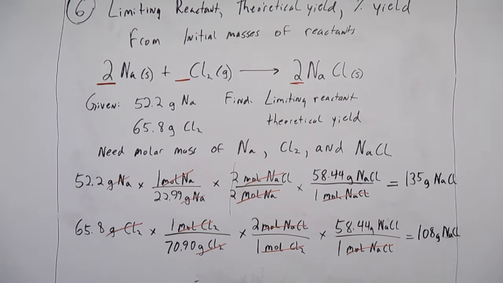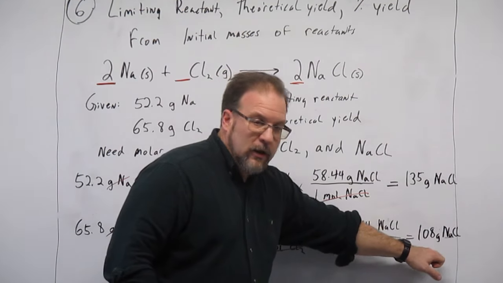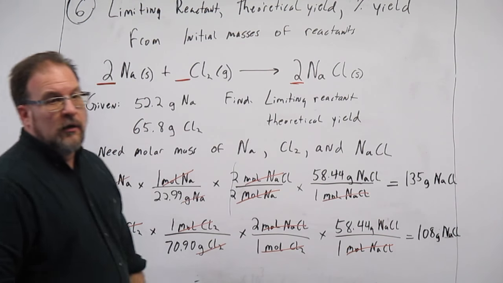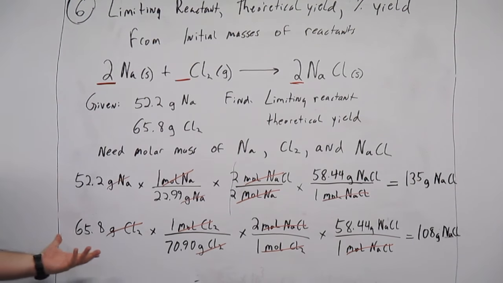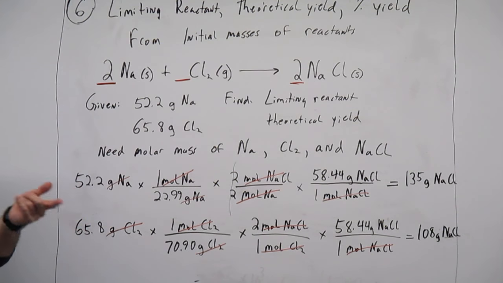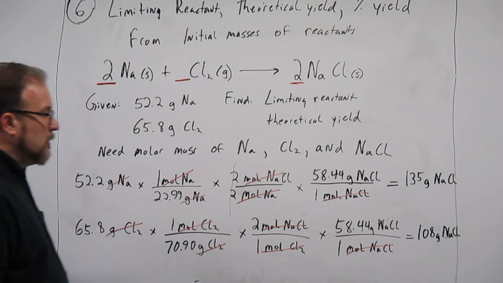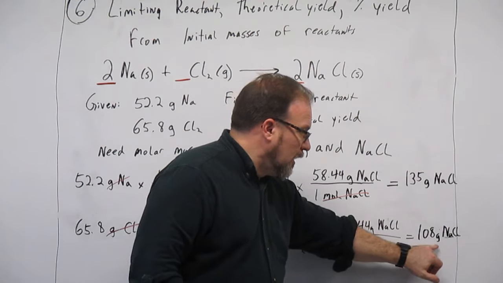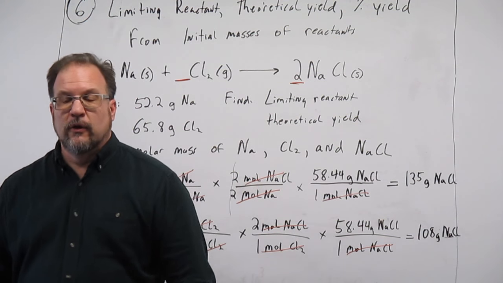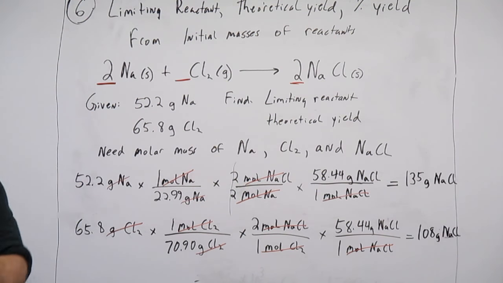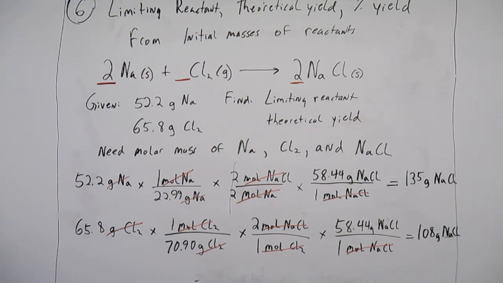All that work comes down to 2 answers, which is good. You get the limiting reactant is this, and you get the theoretical yield is that. The proper way to say it, you say the limiting reactant is chlorine gas, and the theoretical yield is 108 grams of sodium chloride. When you give the theoretical yield, you have to give the amount, because you have to tell me how much. That's what the yield is, right?